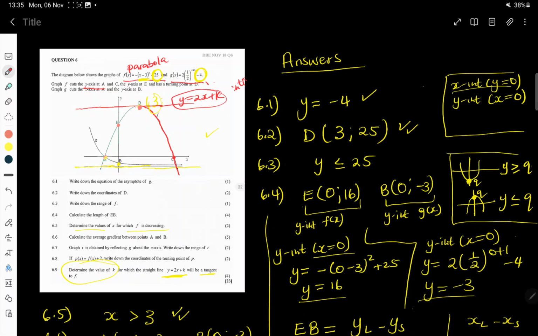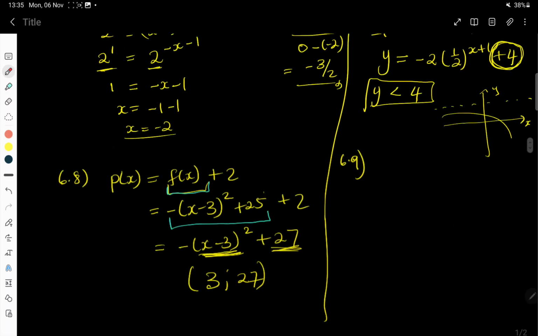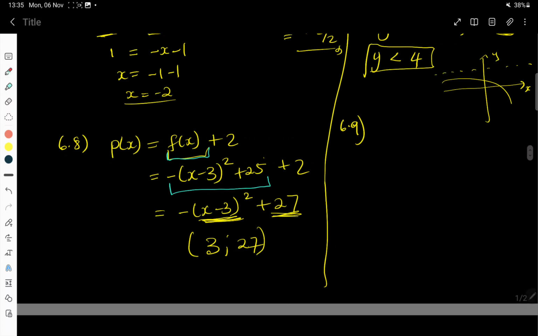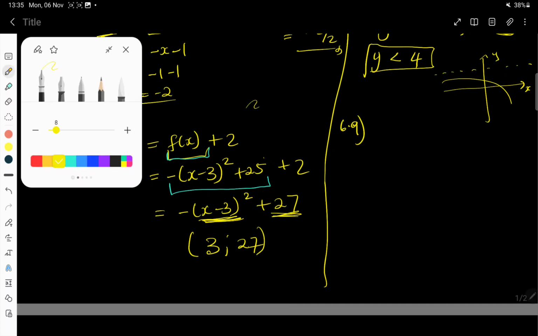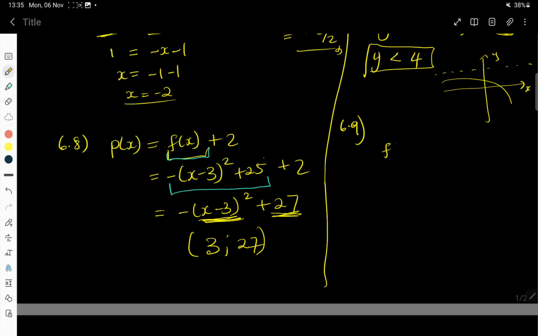So you must equate the two equations. Because they have a common point, it means you must equate them. So f of x must be equated to 2x plus k. Then your f of x is negative x minus 3 squared plus 25 is equal to 2x plus k. Then you can just simplify this.